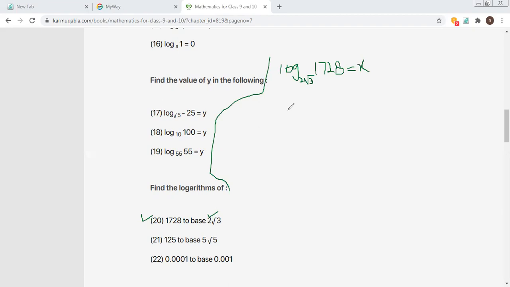Yes class. 1728 is equal to 2 root 3 power x. Okay, this is the exponent form.